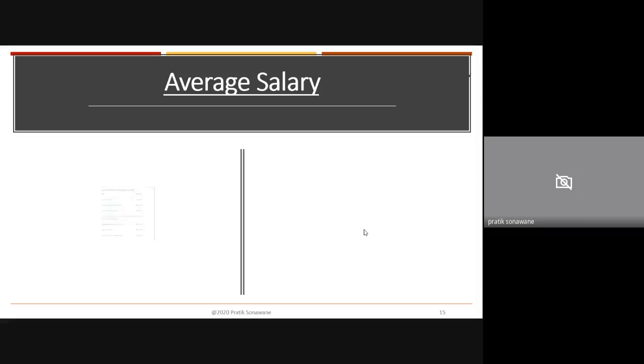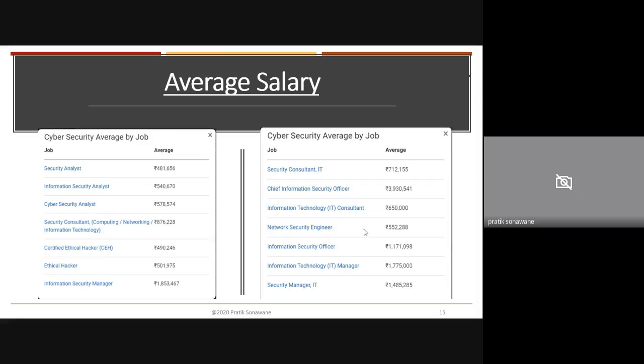Okay, so here are certain average salaries. This is taken from a very leading job site. An entry level security analyst, as they call it, gets around this average salary. Again, if you have the skills and certain certifications, and you manage to crack the interview on your technical skills, then you can get more than 5 lakhs.